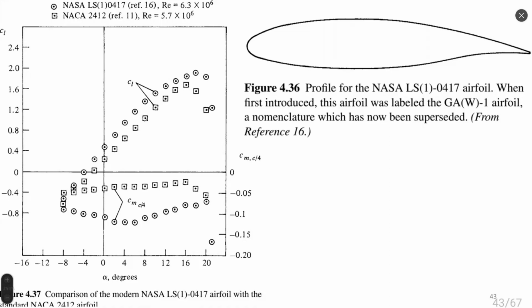Okay, as I told you already, there are not just geometrical restrictions, there are also restrictions on required lift, required thickness, angle of attack, restrictions on velocity. So there are many parameters influencing the optimization process.